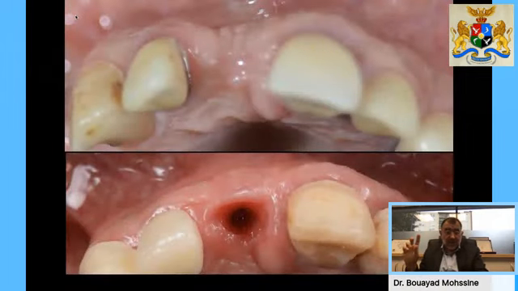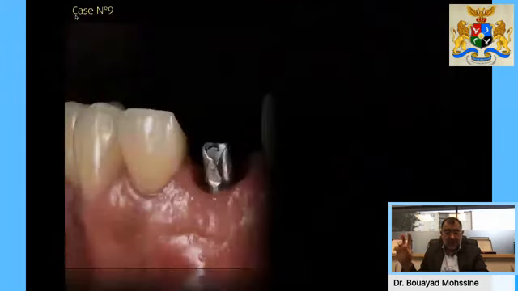Look at the difference between the upper picture and the lower picture. We create a new bone. We lost a big volume of bone, and we create it around the implant.